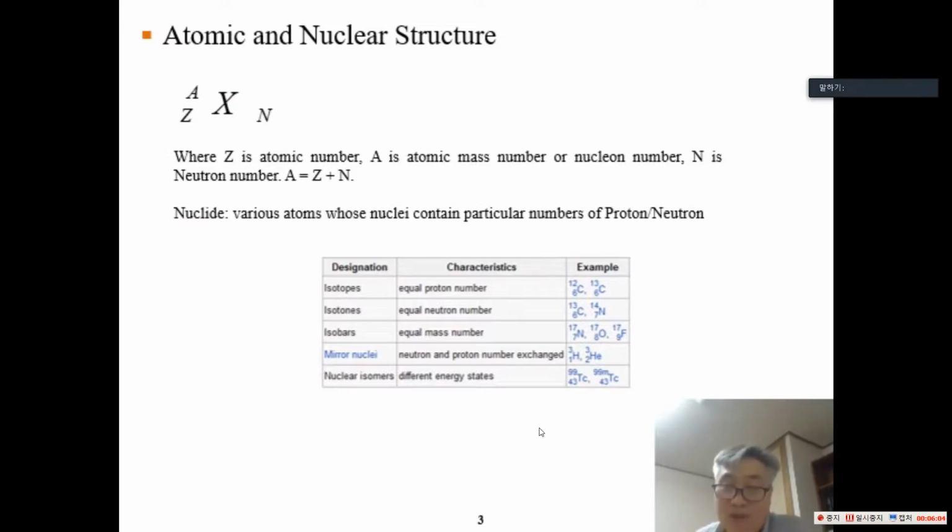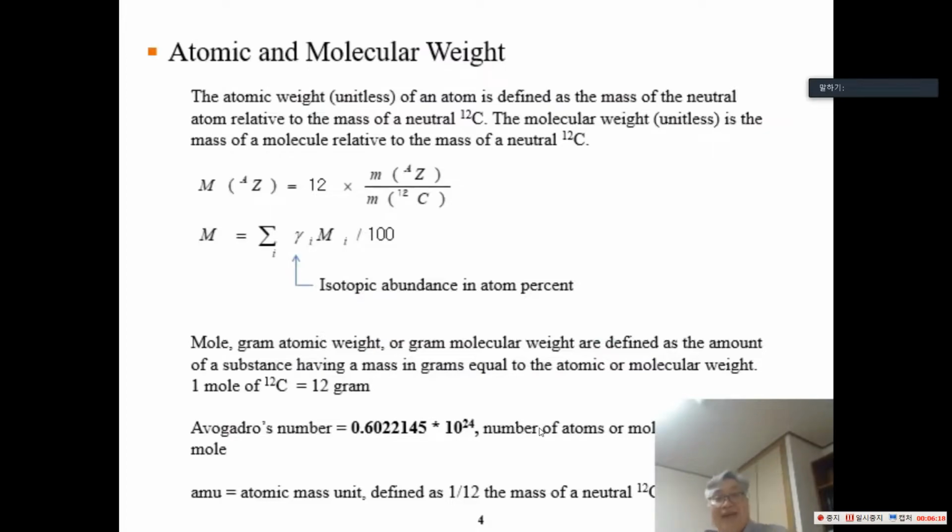And atom and molecular weight. We already saw the weight of proton and weight of neutron is too small to be measured by kilogram. 10 to the minus 27, 10 to the minus 31. It is quite small number. So that means measuring atomic and molecular weight by kilogram is too large a unit.